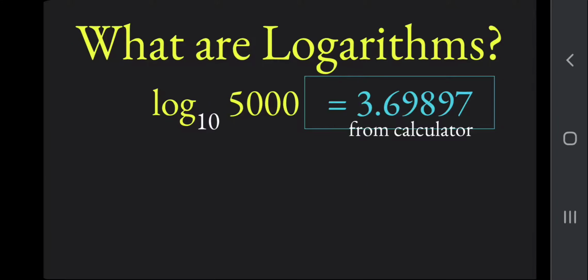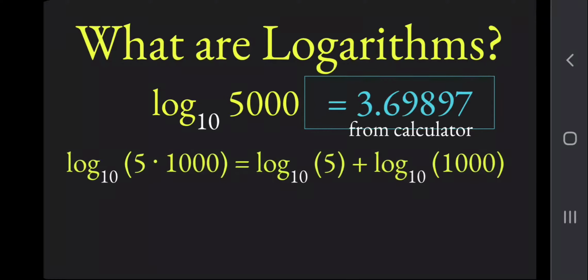Just to play around with this a little more, we already looked at log base 10 of 5,000. We found it was 3.69897. It turns out if you have a situation like that, you could write it as log base 10 of 5 times 1,000. And that will split up into log base 10 of 5 plus log base 10 of 1,000. Well, log base 10 of 1,000 is 3, since 10 to the third power equals 1,000.